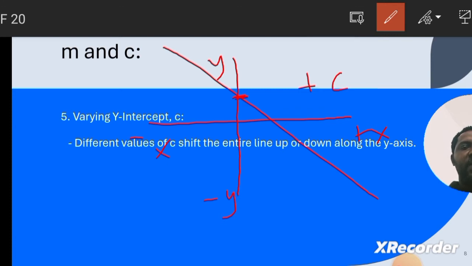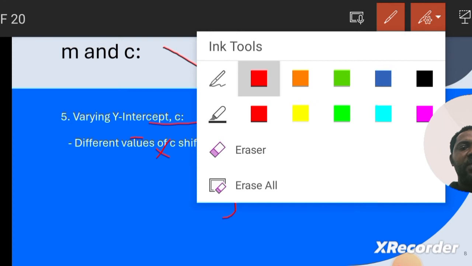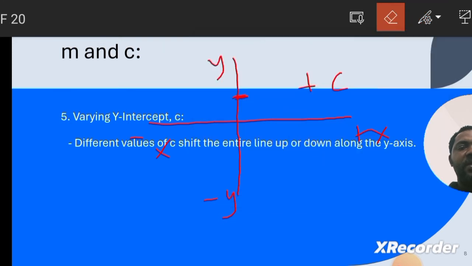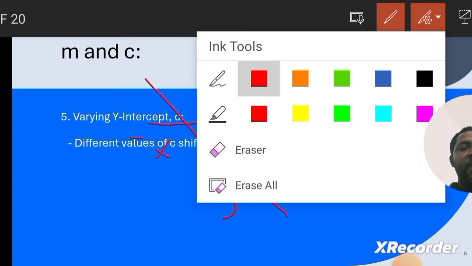Now, but we can have cases where the line crosses the negative intercept. Let me clean this up quickly. We can have cases like this. You can see in this case now the graph touches the negative. So here we're going to have negative intercept. So the positive intercept is at the positive y-axis, while the negative intercept is at the negative y-axis.